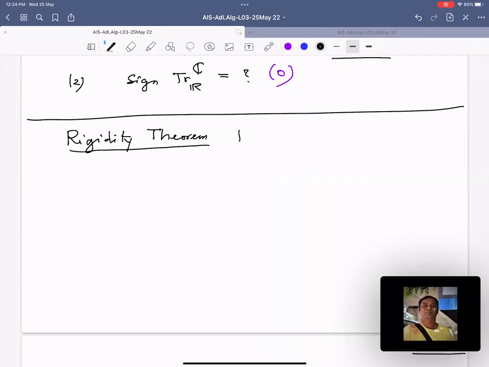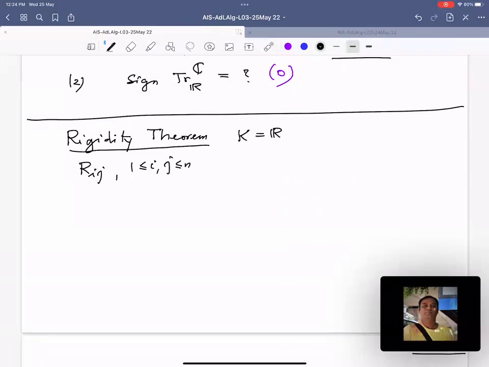So let us take K equal to the real numbers. On finite dimensional vector spaces, we will get a topology inherited from the usual topology. And let us take the rational functions R_ij, 1 less than or equal to i, j less than or equal to n.